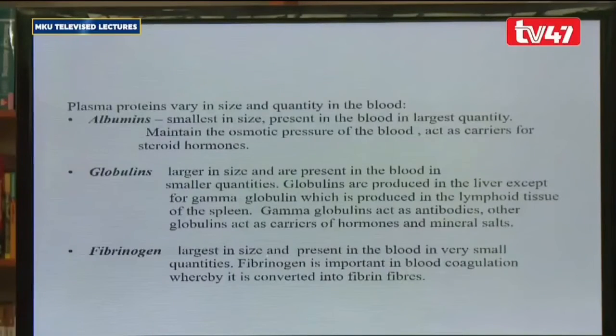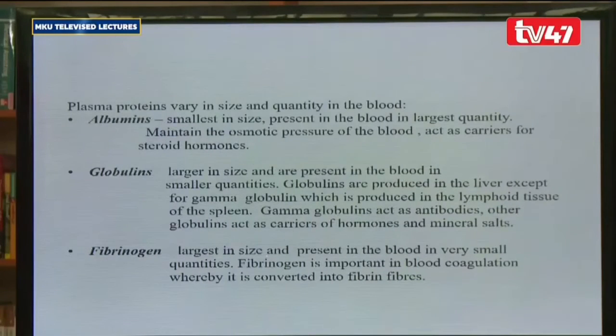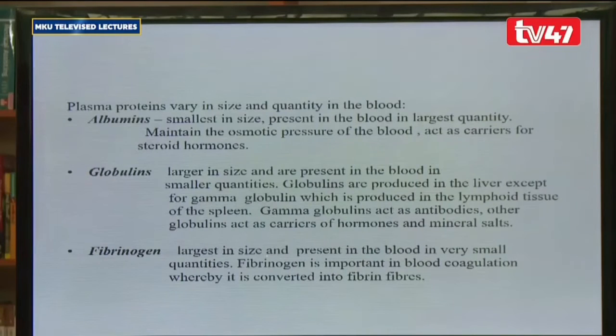The albumins, to start with, are the smallest in size. They are present in the blood in the largest amount. Because of the large quantities, their main role in the blood is that they help to maintain the osmotic pressure of the blood, and they also act as protein carriers for basically steroid hormones.